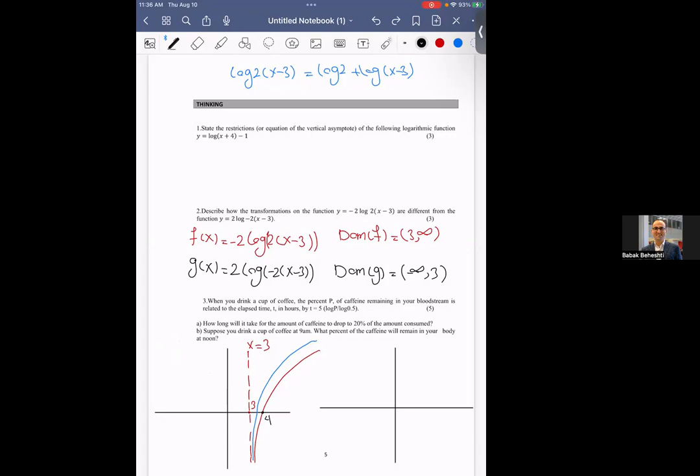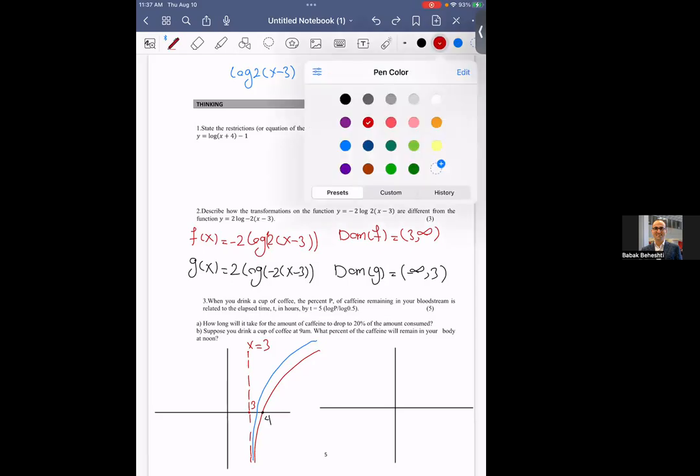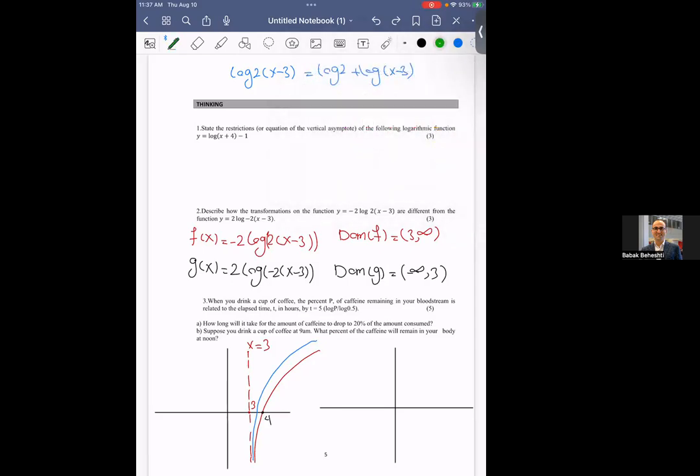Because you have minus in front of the log, you flip it around the x-axis. So you just flip the blue one around the x-axis. Let me use another color.